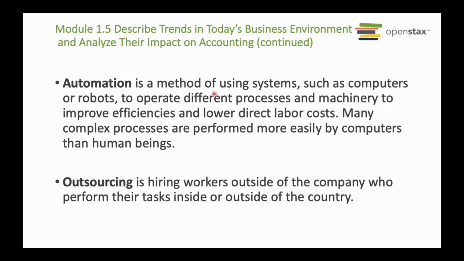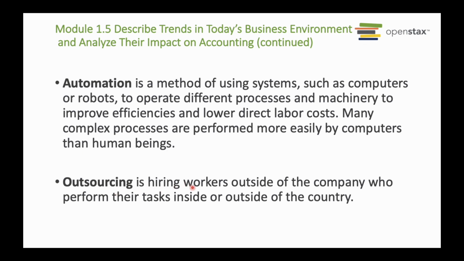Automation. This is a method of using systems such as computers or robots to operate different processes and machinery to improve efficiencies and lower direct labor costs. Many complex processes are performed more easily by computers than human beings. Outsourcing.